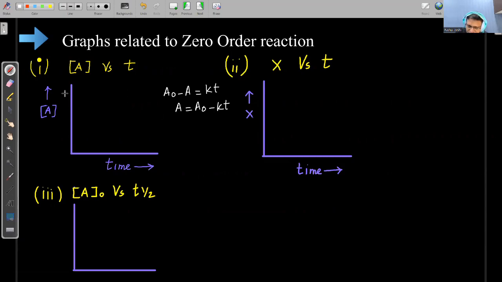So a naught is fixed at time t is equal to 0, whatever the concentration that is a naught. और ये एक स्ट्रेट लाइन होगी जिसका स्लोप नेगेटिव है. इंटरसेप्ट ऑन y एक्सिस इज इक्वल टू a naught and the slope of that is equal to minus times of k reaction. So it's very simple: for variation of concentration of A versus time for zero order reaction, it will be a straight line with negative slope. यहाँ extent of reaction versus time अभी हमने लिखा कि x is equal to kt.